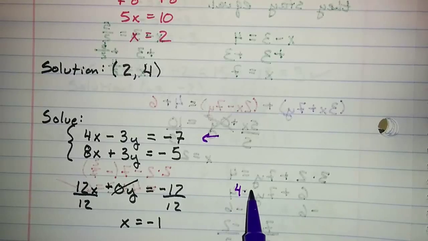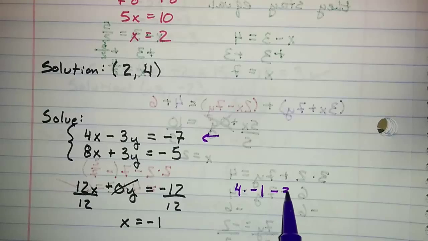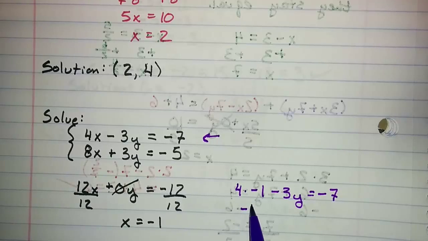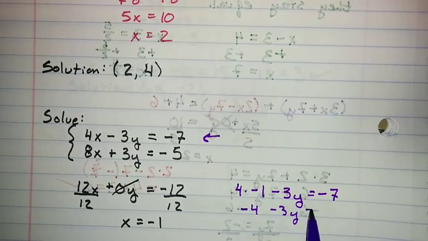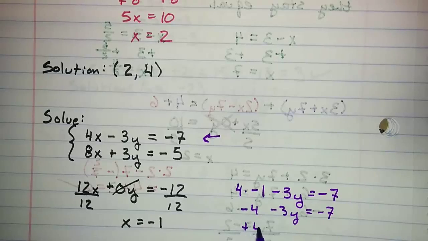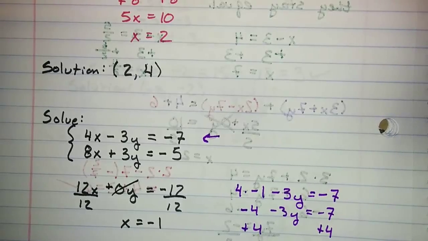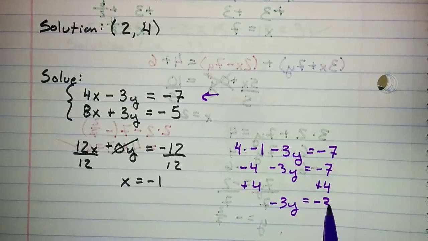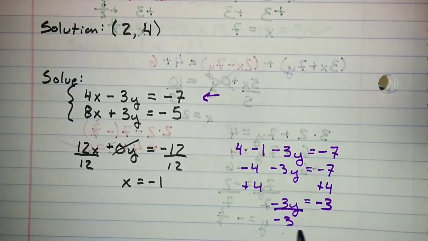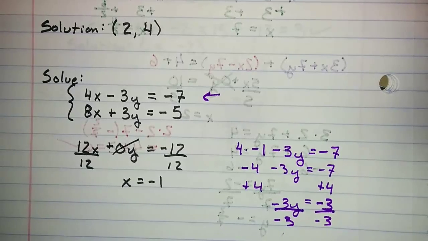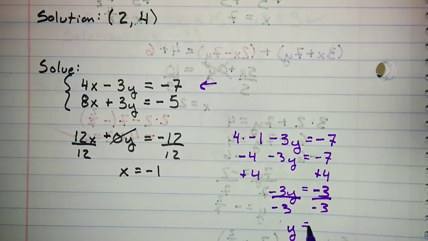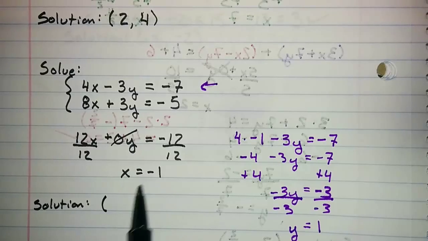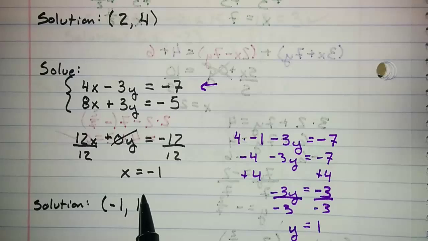I'll have 4 times negative 1 minus 3y equals negative 7. Negative 4 minus 3y equals negative 7. Add 4 on both sides. Negative 3y equals negative 7 plus 4, which is negative 3. Divide both sides by negative 3, and we get y equals positive 1. Our solution is x is negative 1, y is positive 1.